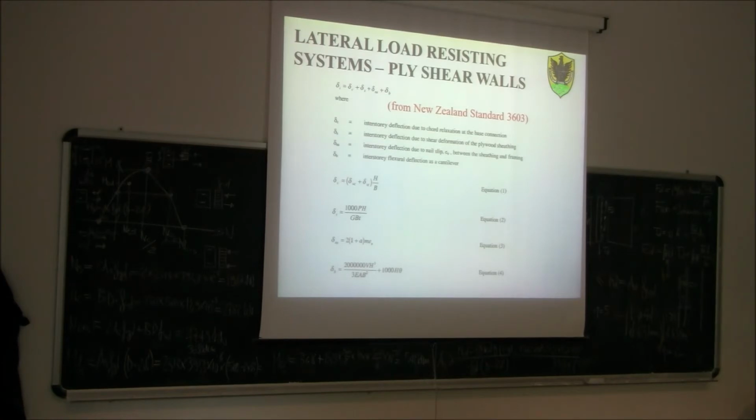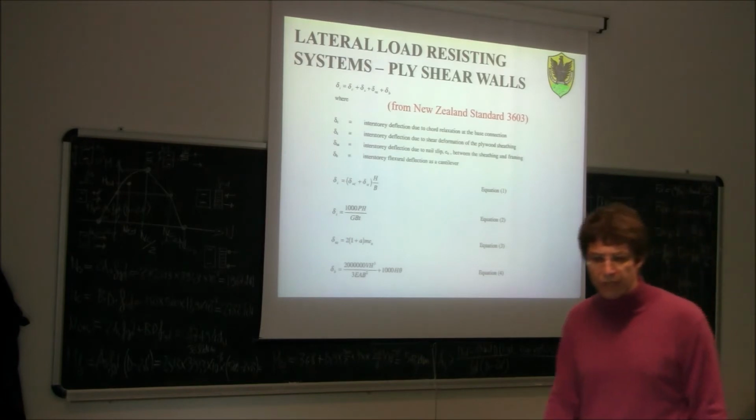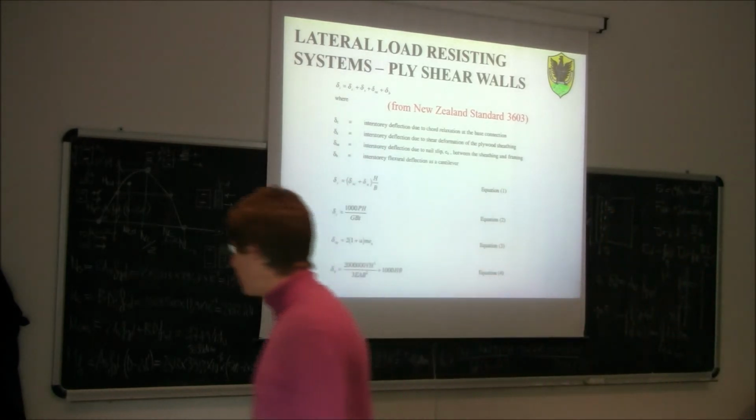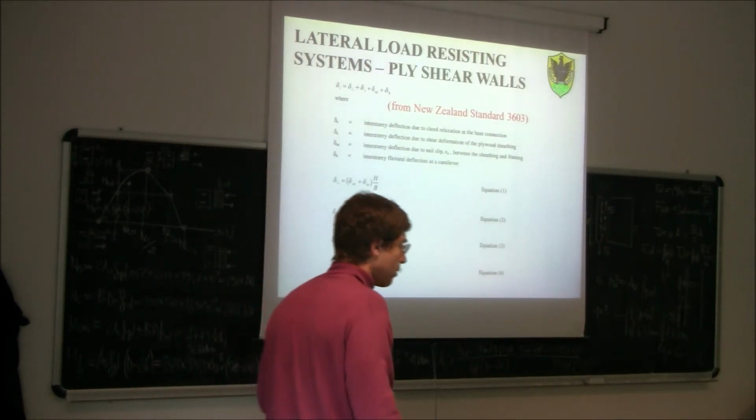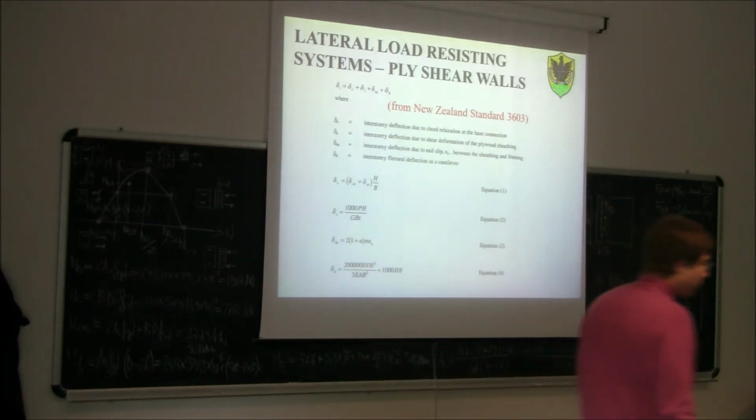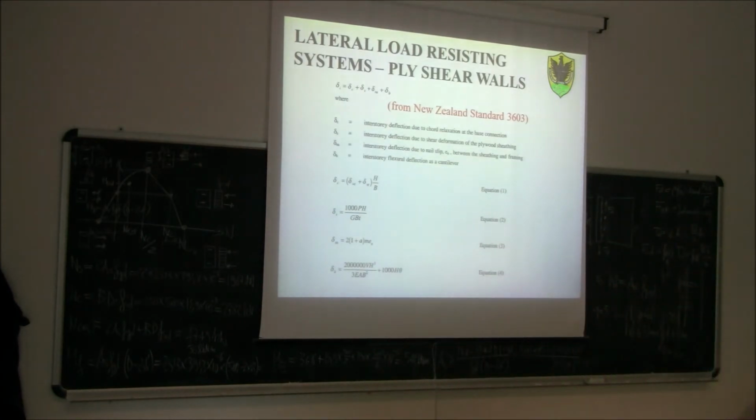Now, if you look at the code regulation, you won't find any formula to calculate the deflection on top of a shear wall, neither in Eurocode 5 nor in Eurocode 8. For the new generation of the Eurocode, actually Eurocode 5, there will be some formulas added.